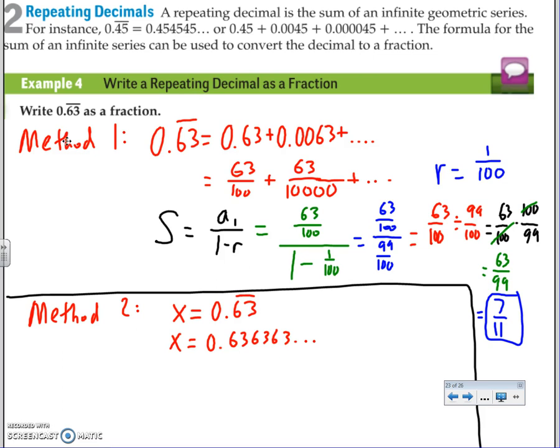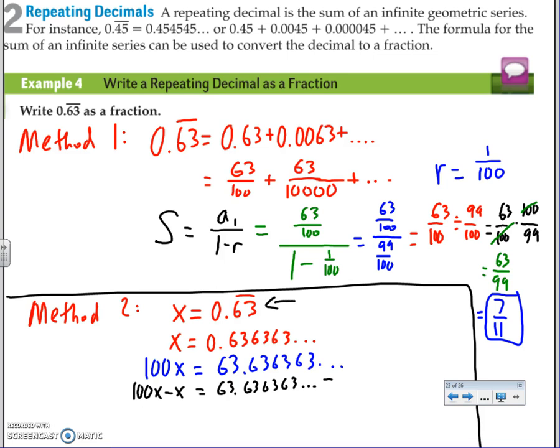That's the algebra going on: we do one thing to both sides. So 100x equals 63.636363, and so on. Then we use the nifty idea of subtracting x from both sides. So 100x minus x equals 63.636363 and so on, minus x.